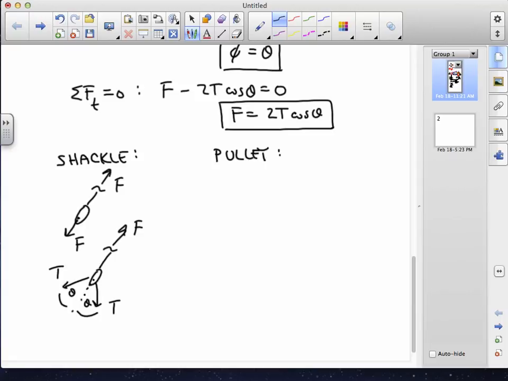Note that that is equivalent to taking the forces that exist at the pulley and transferring them directly to the bearing of the shackle. For the pulley, separating the shackle from the pulley at the bearing gives us a force F equal and opposite to this force. And then we also have the two cable tensions.